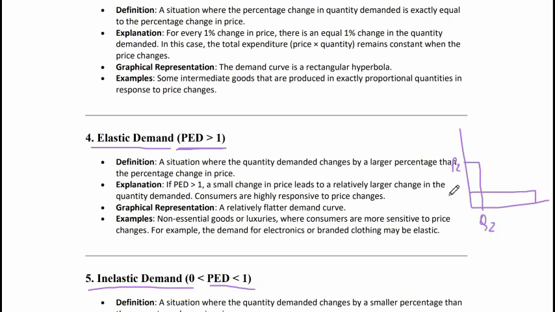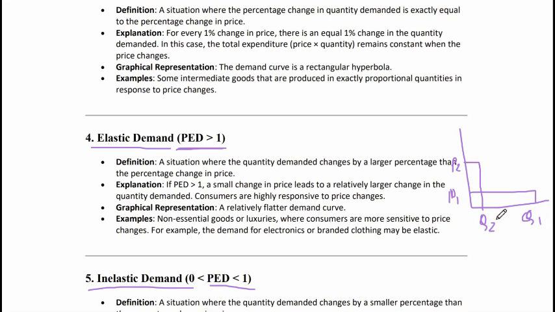This is quantity demanded. This is P1. The demand was very high at that time. When the price was low, the quantity demanded was very high. But as the price increased, the quantity demanded fell a lot from where it was in Q1. So this is elastic. It has moved a lot.